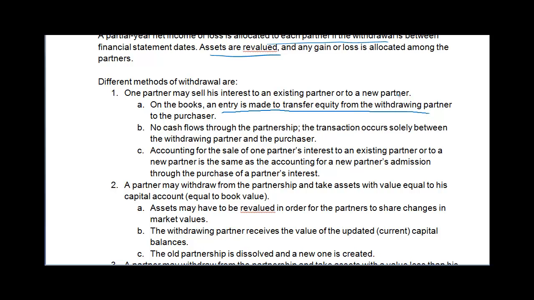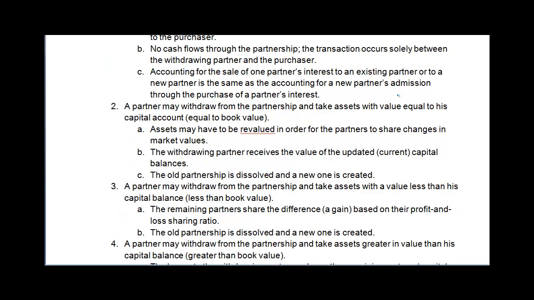Okay. Now, on the other hand, a partner can simply withdraw from the partnership and take assets with value exactly equal to their capital account and walk out. Now, maybe the assets get revalued, maybe they don't. It depends on what the agreement says. But the withdrawing partner can get the exact amount of the updated capital balance.